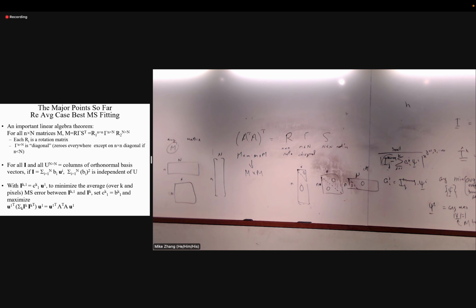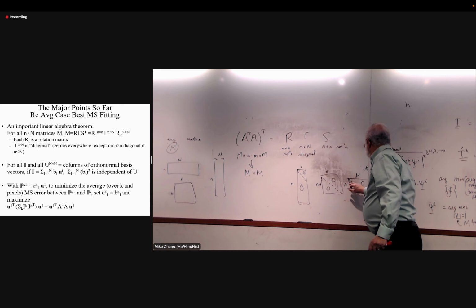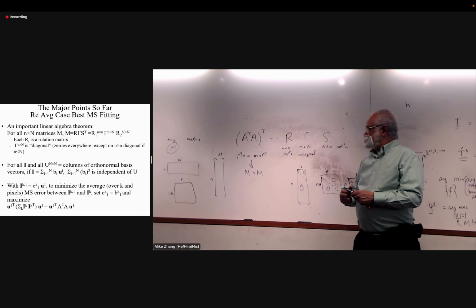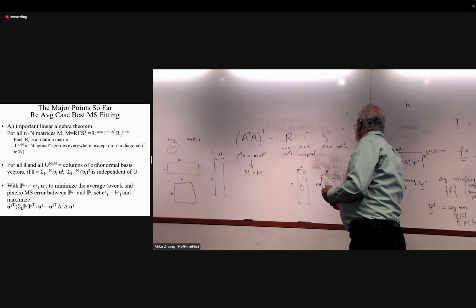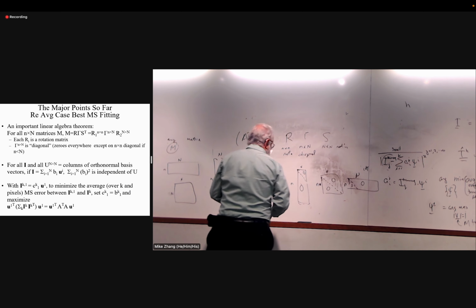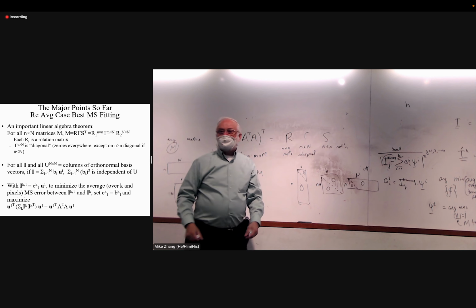And if you have, in our example, a 3 by 2, you're going to be lengthening some of the vectors by 0.